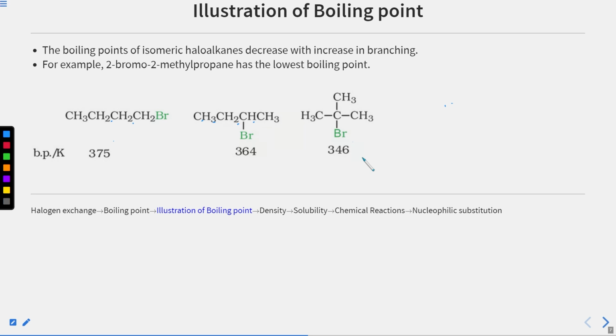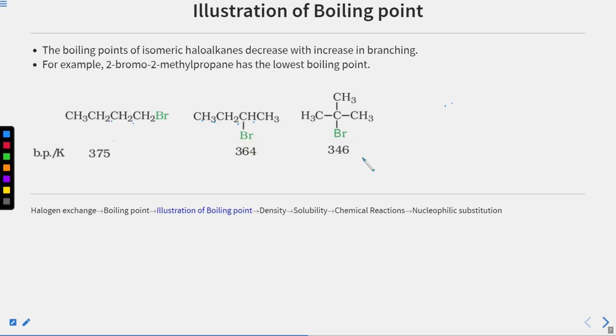But what is the difficulty here? Why do they have different boiling points? The next factor to be discussed is surface area. The one which has a greater surface area will have a greater boiling point. This is also an additional factor to our van der Waals force.